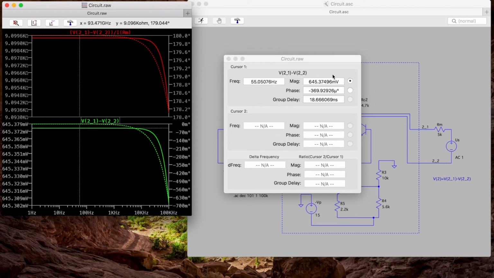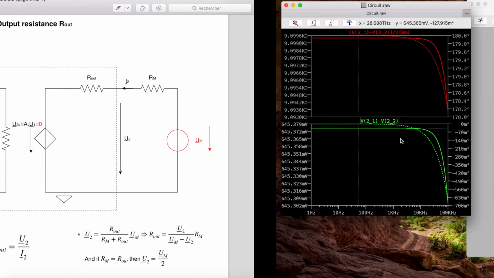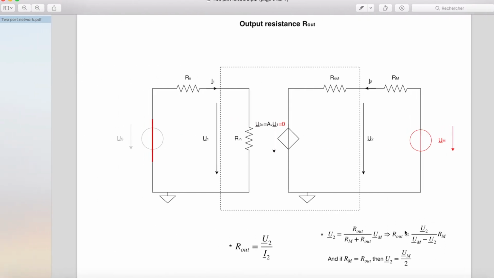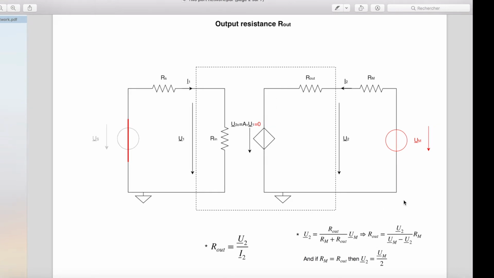So V2 is equal to this, and Vm is equal to 1, and Rm equal to 5 kilo ohm. So we can use this formula to calculate Rout, and we find that Rout is equal to 9.1 kilo ohm.